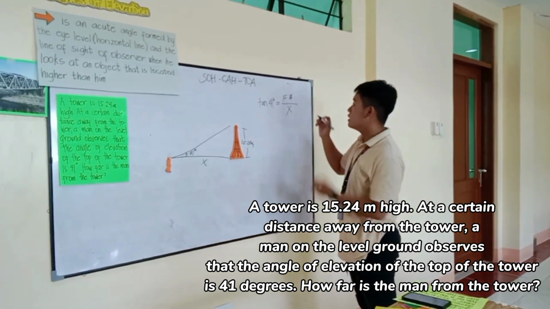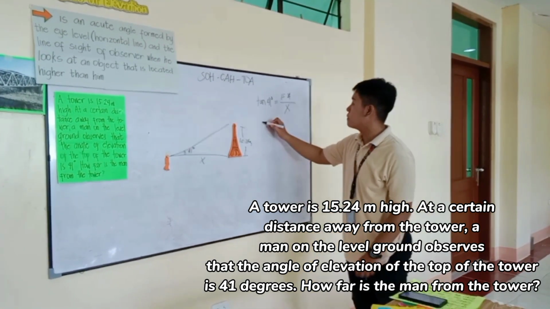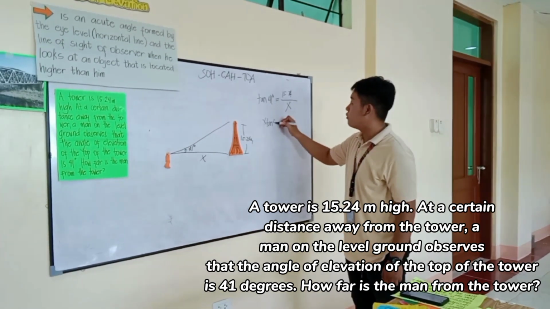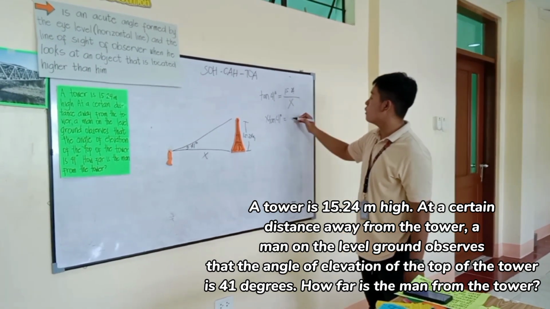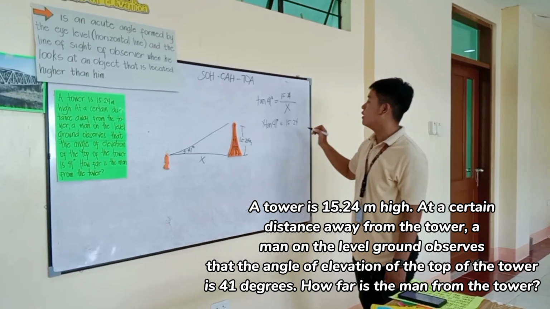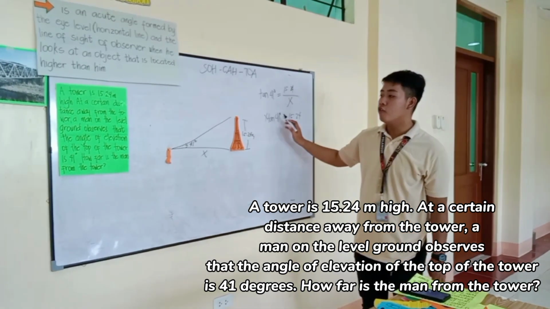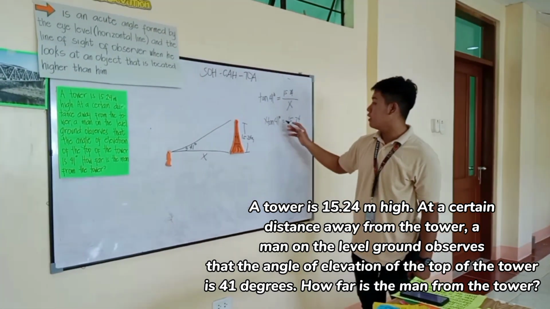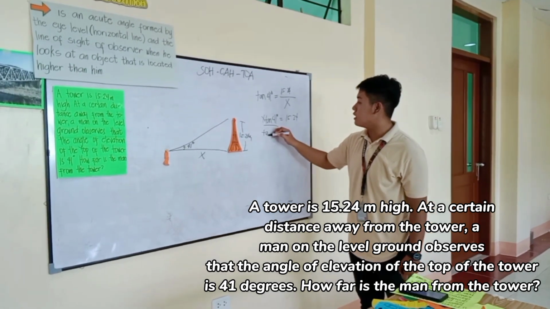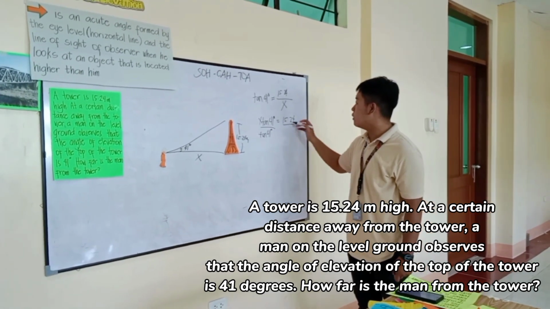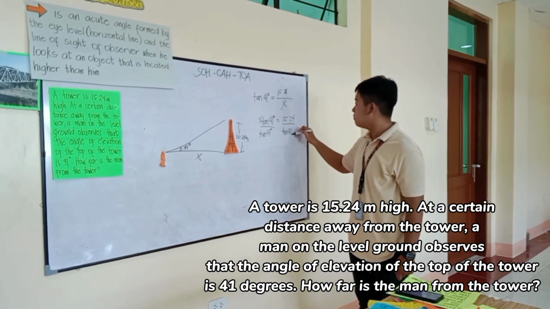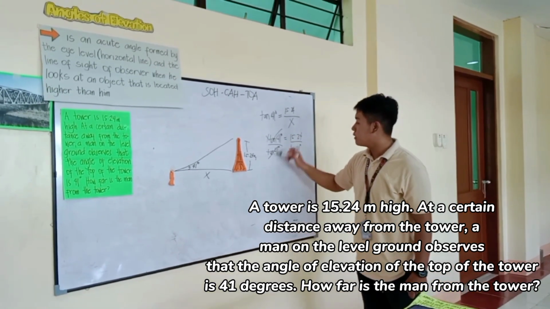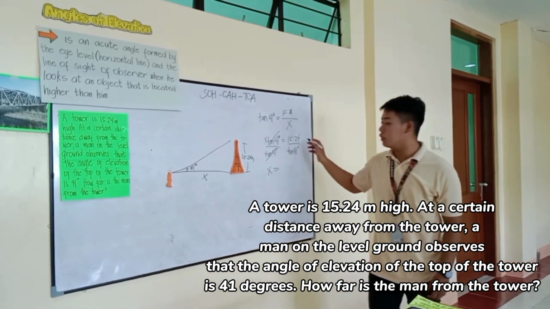X. And by cross multiplication, x tangent 41 is equal to 15.24. To find how far the man is from the tower, 15.24 all over tangent 41 degrees, both sides, cancel. X is equal to, what do you think is the answer?